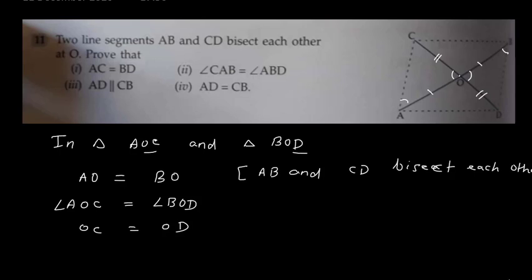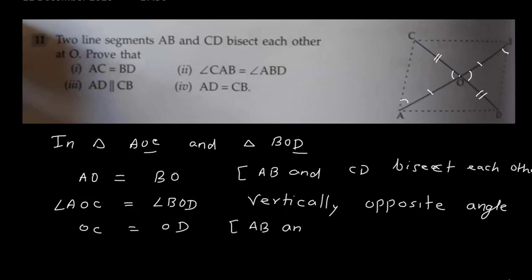Here you can say that they are vertically opposite angles. And here you will say the same thing, that AB and CD bisect.